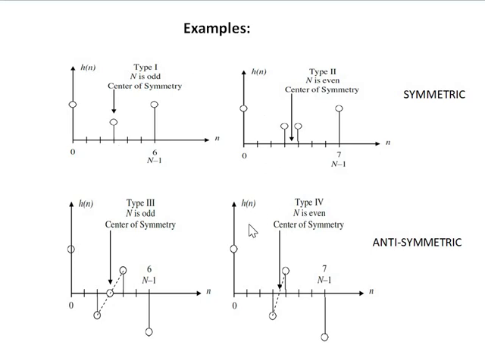And of course, we know that for the symmetric case, the condition is h of n equals h of N minus 1 minus small n, and for the antisymmetric case, h of n should be equal to minus h of N minus 1 minus small n.